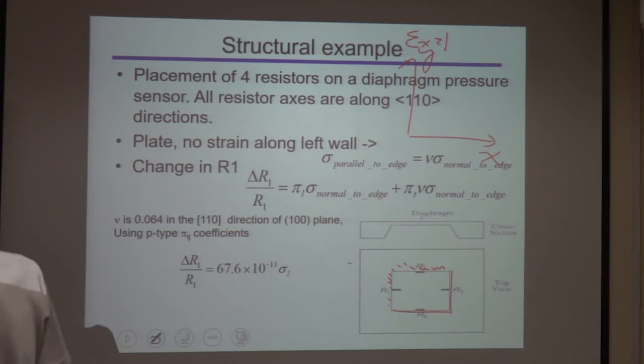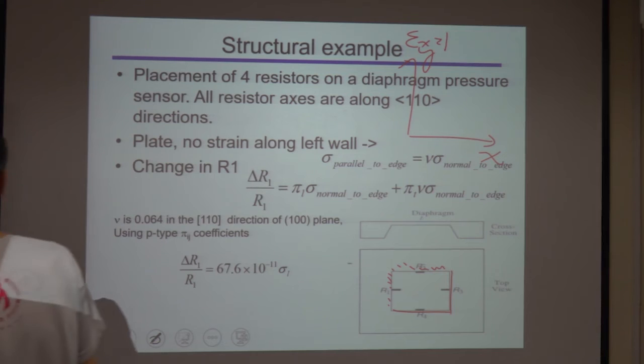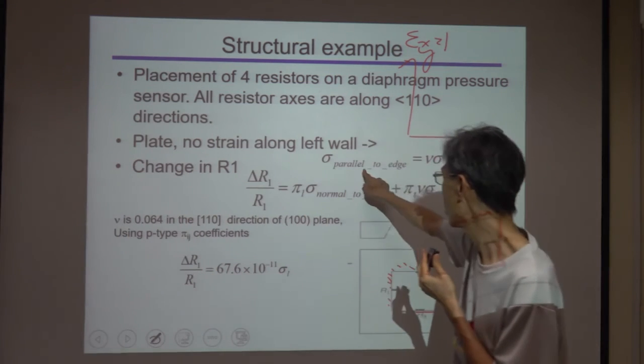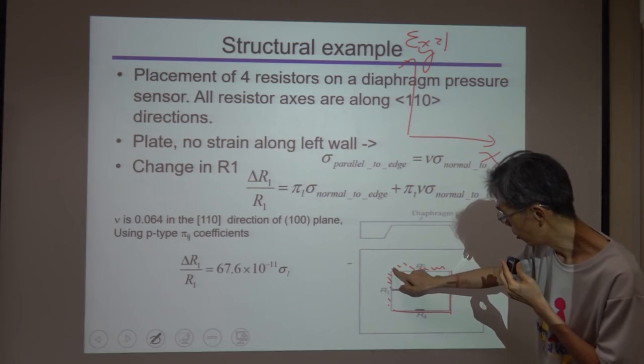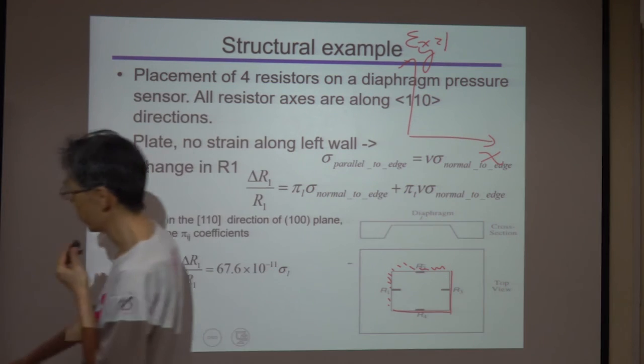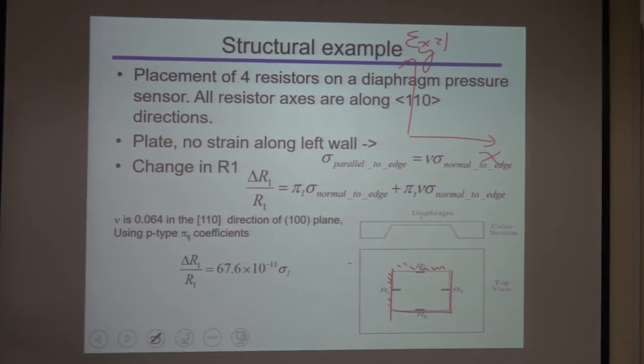So if there's no strain parallel to the edge, this is the edge, so parallel to this edge there's no strain. So remember, strain along one direction equals 1 over E times (sigma 1 minus nu sigma 2).